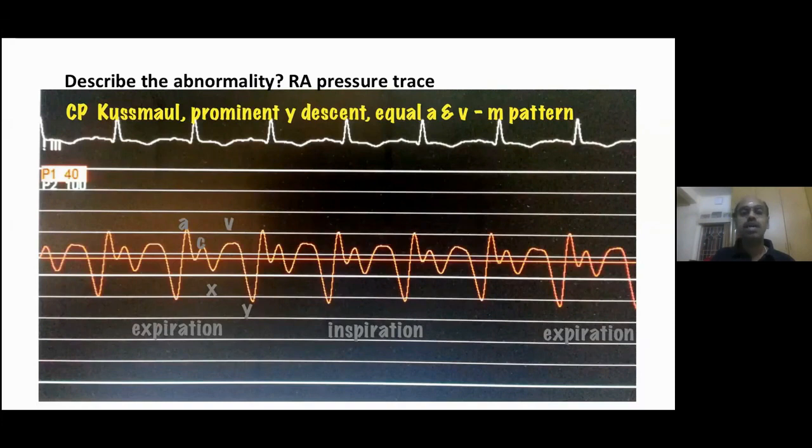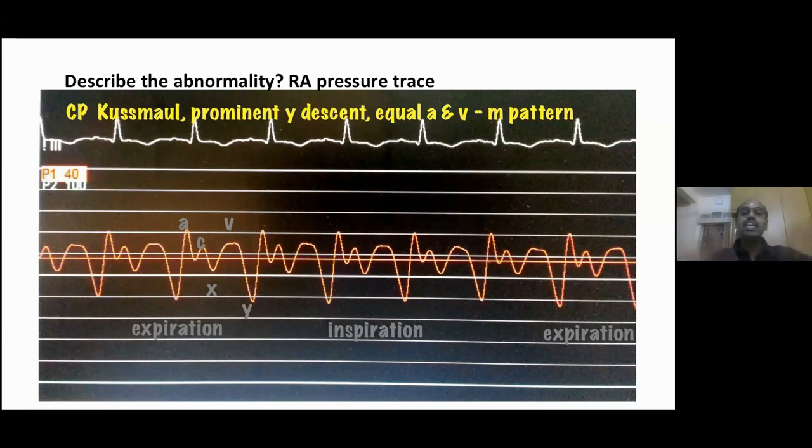But RA pressure does not fall. So when I say that Kussmaul sign is positive, which means lack of inspiratory reduction in the RA pressure, I am not telling that antegrade blood flow through the right side of the heart is reduced.